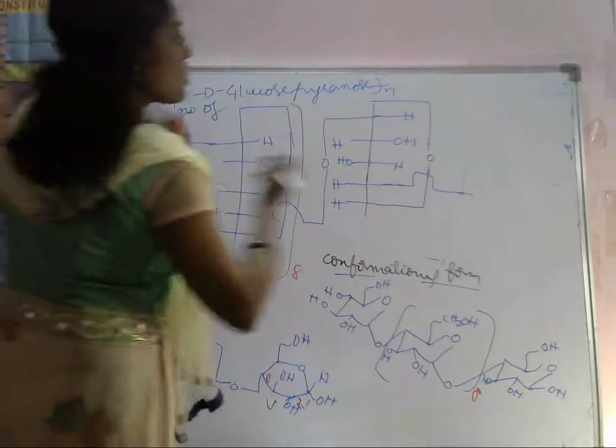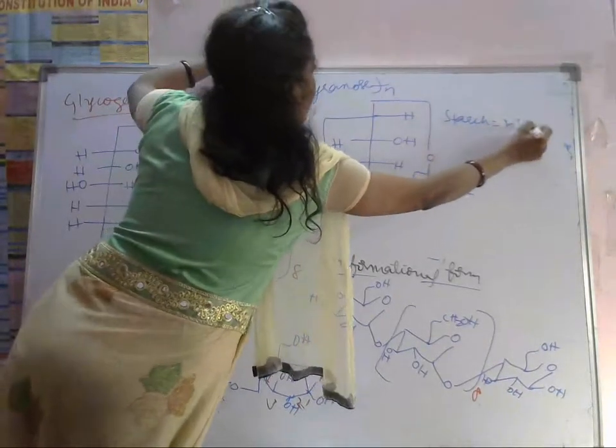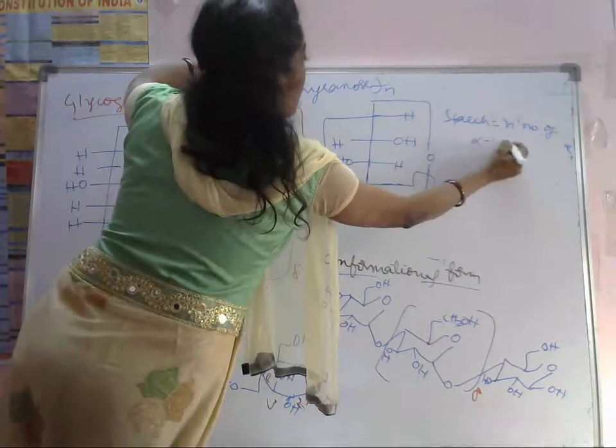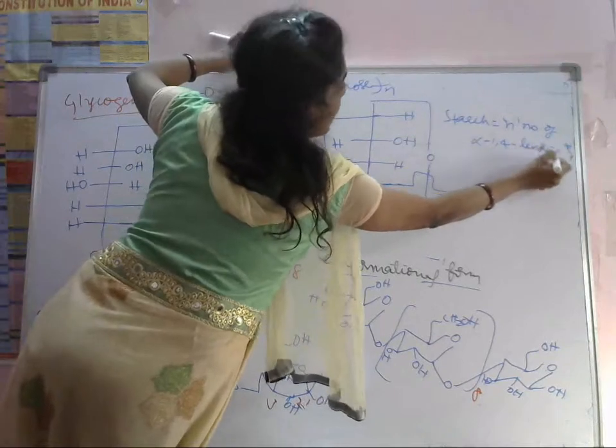Okay, ma'am. So starch contains n number of alpha 1,4 linkages.